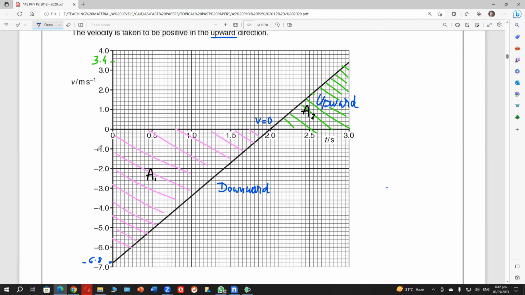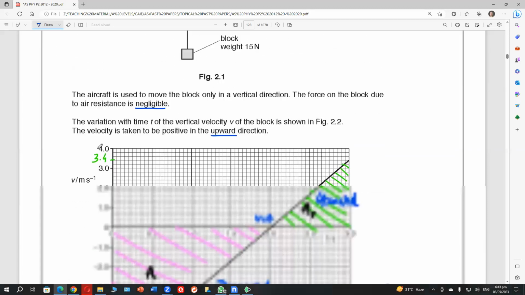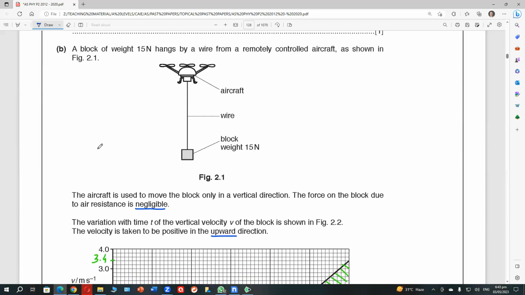That's good. We know the acceleration at this point. So where is it going at this point? Is it going upward or downward? That's the question.